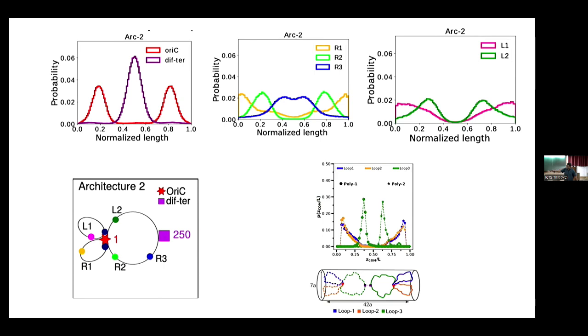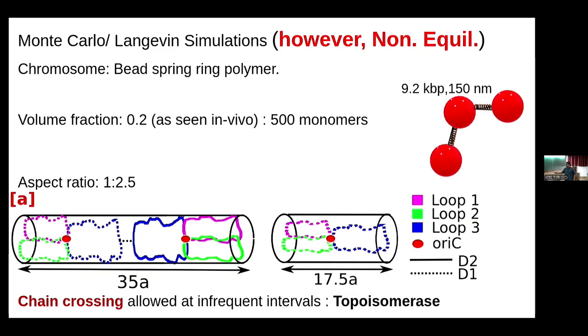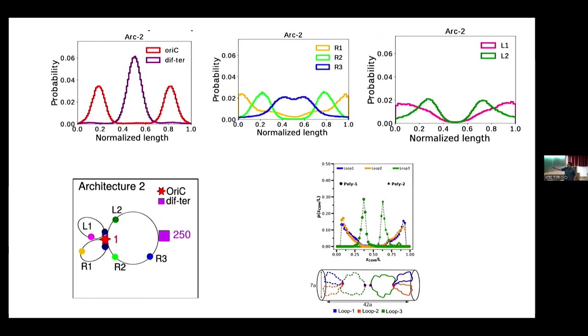Some other point R3 will be somewhere in the middle because they are part of this big loop and there will be two of them. They are basically localized in the middle of the cylinder. I already said monomer number 1, which I shall later associate with ORI C, is localized near the 2-quarter position, and this guy is localized near the middle of the cylinder.